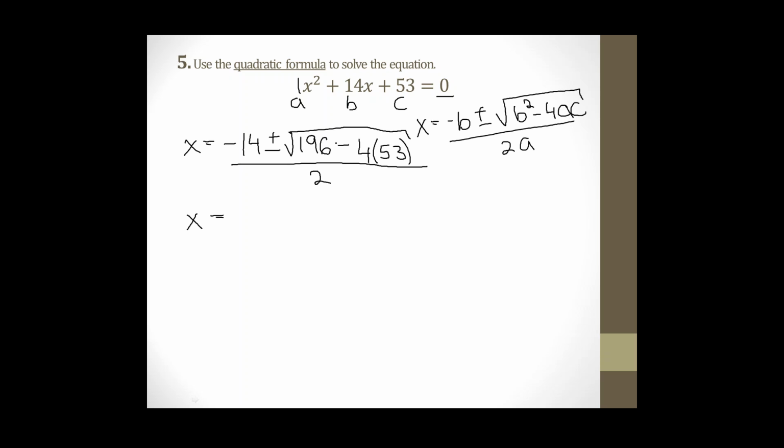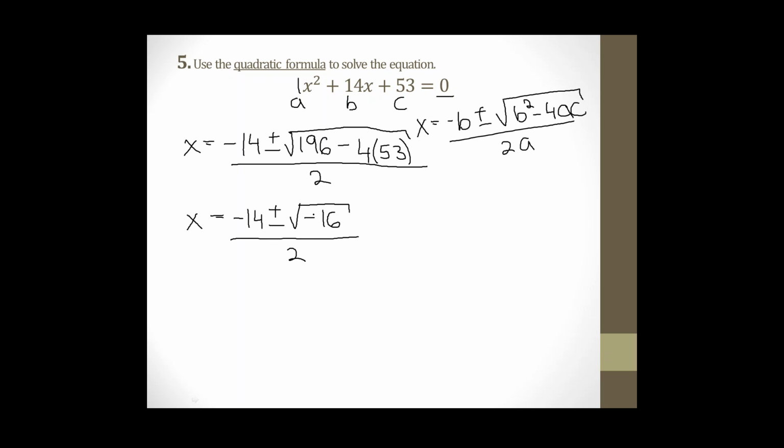Now let's simplify under the square root. Negative 14 plus or minus... sidekick, what is 196 minus 4 times 53? Negative 16 is what we get under the square root, and in the bottom we have a 2.